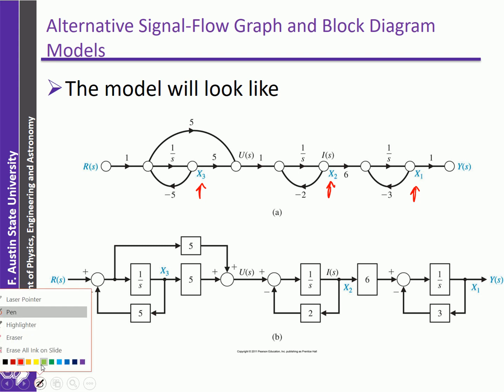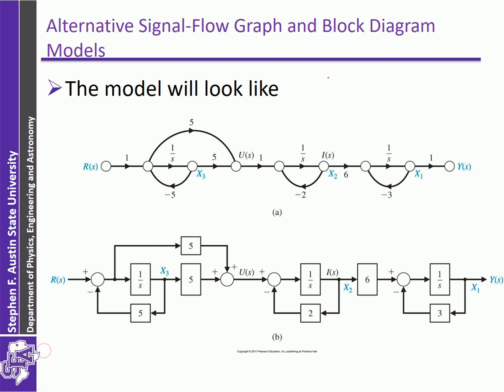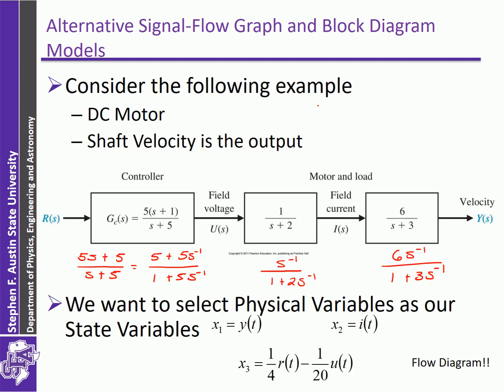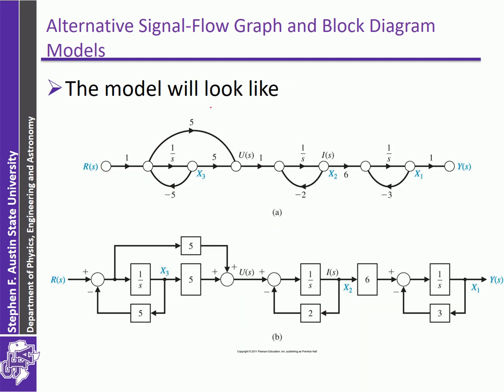For example, x2 is i of t, x1 is equal to y of t, so that's not really that difficult. And then the next part will be x3.